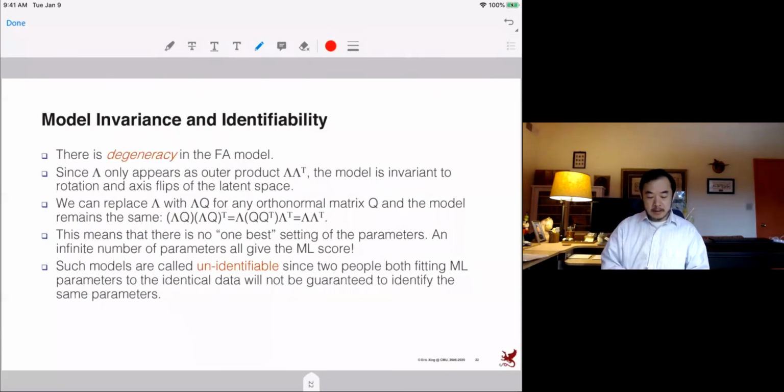Okay, and then go back to the model invariance and identifiability issue. Remember that in our equation for estimating the loading matrix lambda, if you go back to the equation, you will always find that the lambda matrix never appeared by itself in the likelihood function or in the optimization problem that we need to solve.